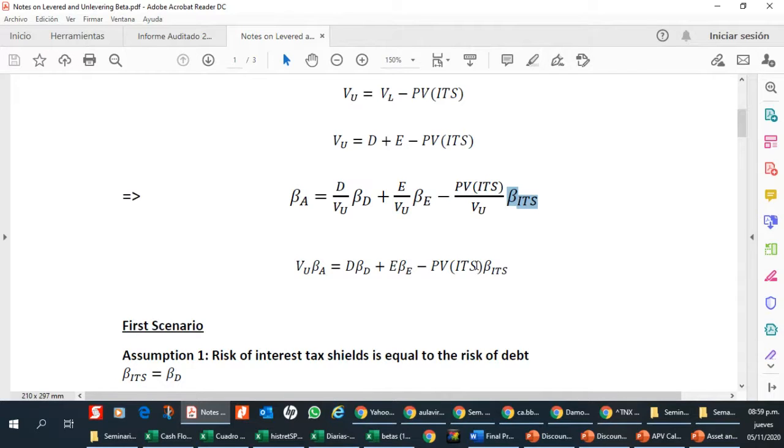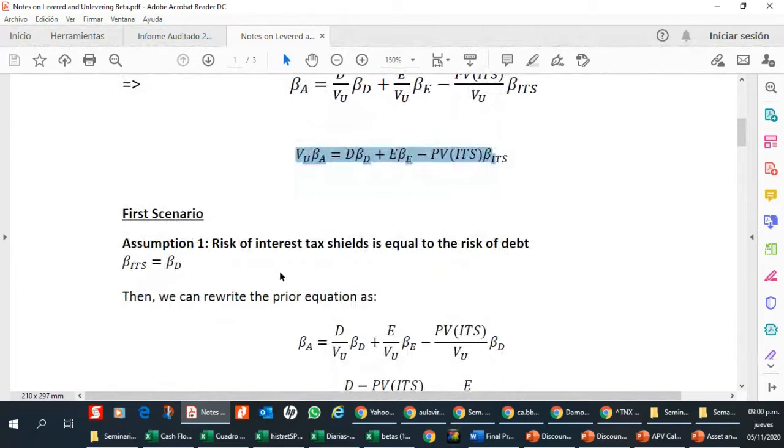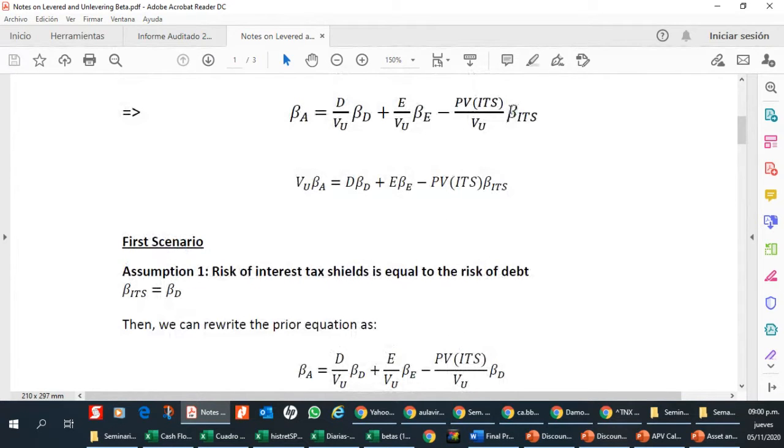Obviously, this can be quickly expressed like this, and can be used this way as it was before in general. I'm going to go with some assumptions, and that's where we are going to arrive at Hamada's formula that you probably have heard before. The first assumption is, okay, remember the beta of interest taxes that we have said?